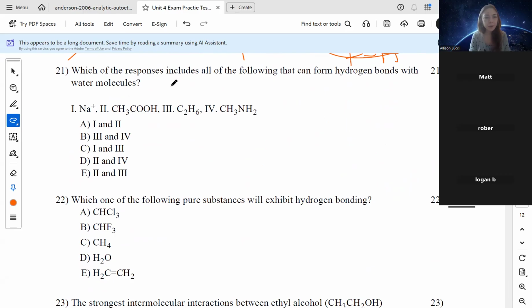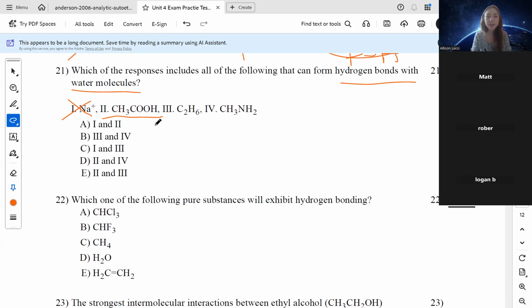All right, number 21 here. Which of these can form hydrogen bonds with water molecules? Okay, so let's work through here. Number 1, we have a sodium atom. No, a sodium atom cannot hydrogen bond. We just looked at the conditions for that, so I'm going to say no to that. What about this here? We have a carboxylic acid.